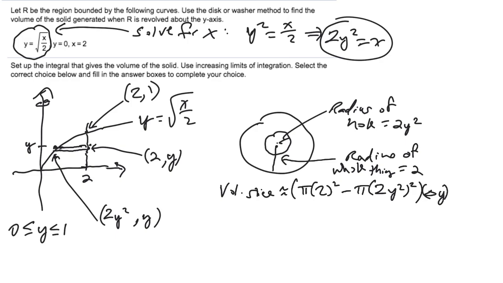So a small change in y will be our thickness. That means our integral that answers the volume of the whole problem is pi times 2 squared minus pi times 2y squared squared, dy, and the possible values of y, as we said before, go from 0 to 1.